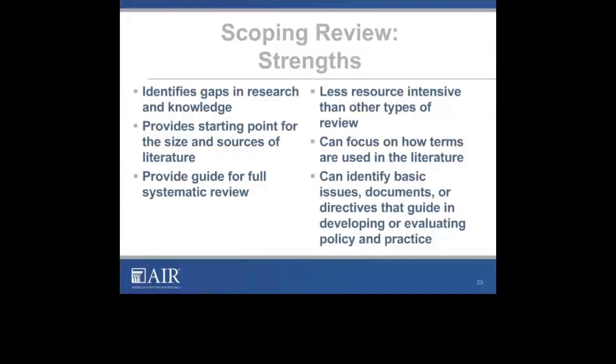And a good scoping review may well identify documents such as unpublished papers or grant activities or directives that people have used in implementing policy based on existing evidence that is often not part of a more focused, rigorous, systematic review process.